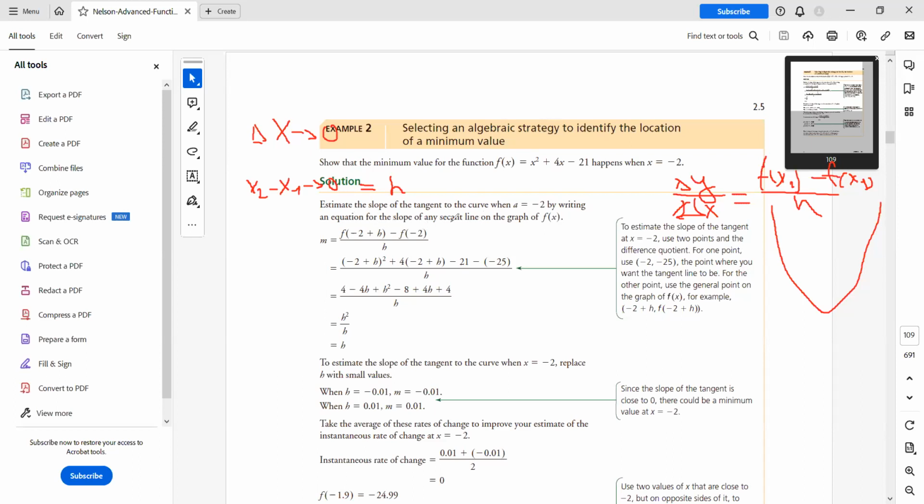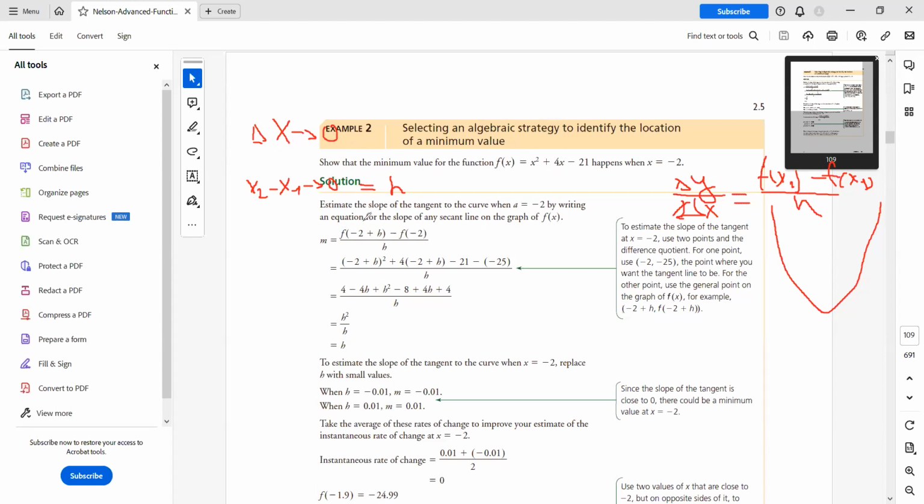So estimate the slope of a tangent to the curve when x equals -2 by writing an equation for the slope of any secant line on the graph of f of x. Basically, we're writing our standard average rate of change function, but now we use a method where delta x travels to 0, or equals h.